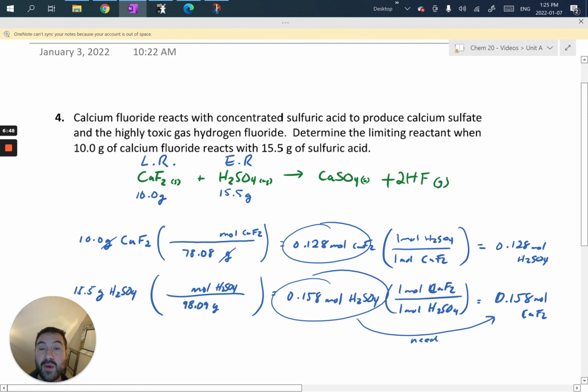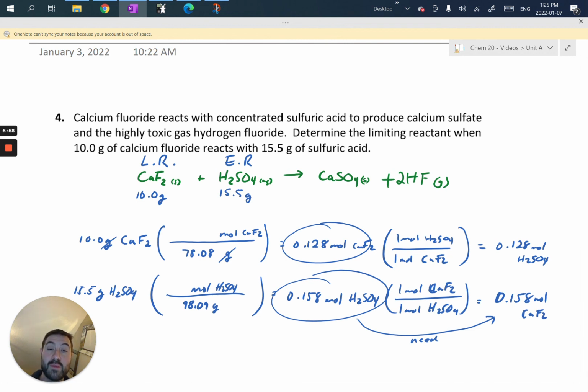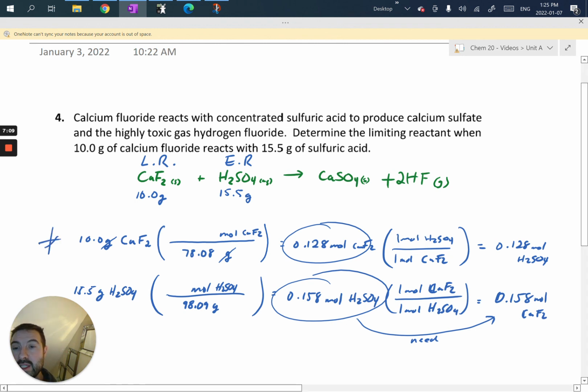So 0.128 is going to react, and 0.158 is the total that I have. The difference is 0.03 moles. That's another way of looking at it. So CaF2 is my limiting reagent.